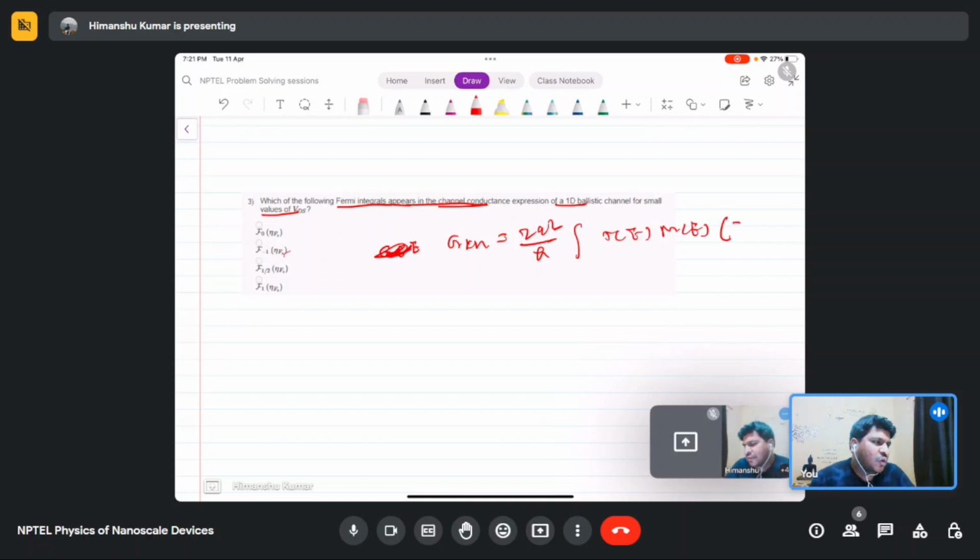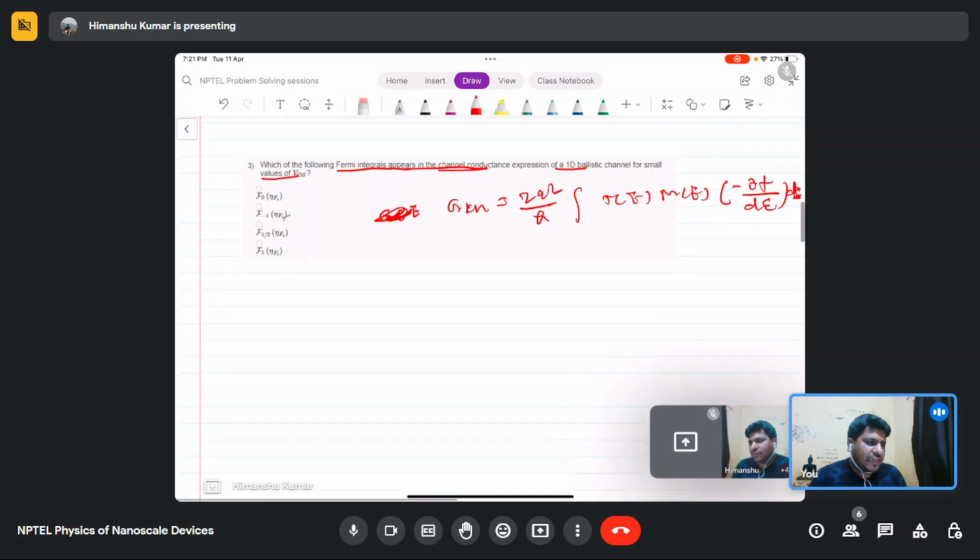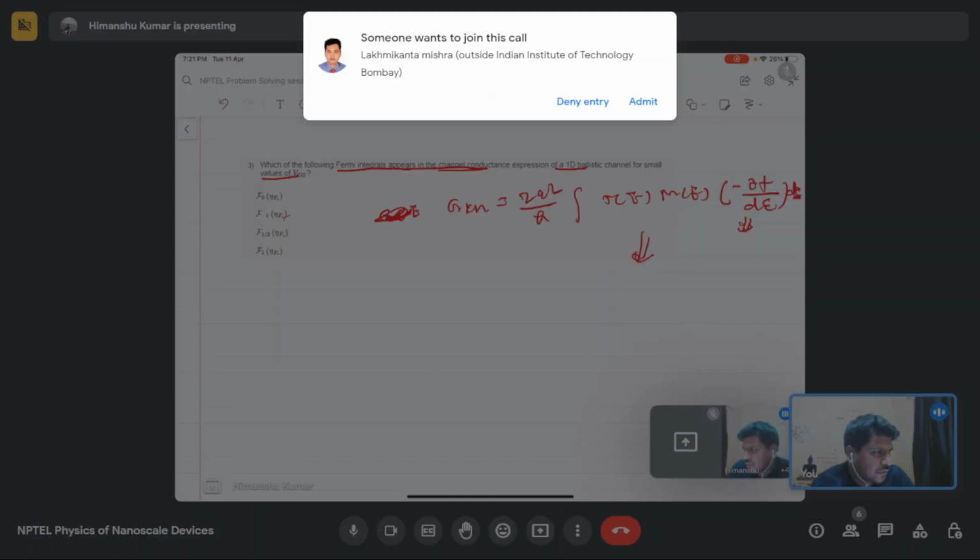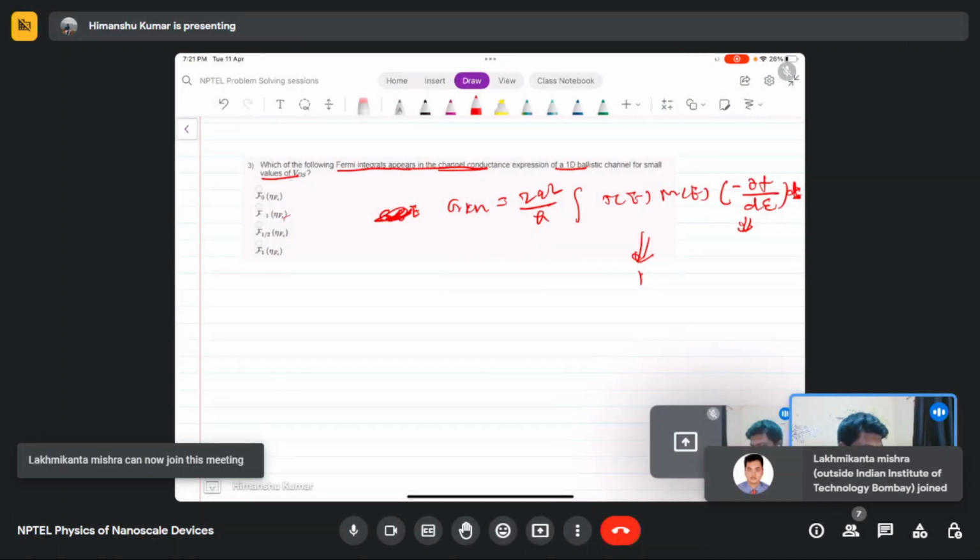For small voltage, this will be converted to df by dE, as we have derived in the previous sessions. So finally, in the current expression, for 2D ballistic MOSFET, as we have seen, this was converted into the Fermi-Dirac integral of one half n_F.